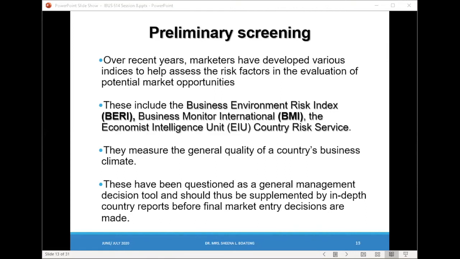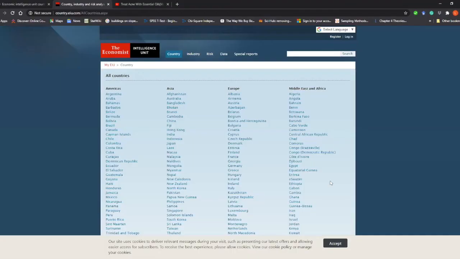Okay, so I'm projecting to the screen now. Let me know when you can see the screen. Please, can you see it? Yes, please. Okay. Good. So you can see that they have listed, it's the EIU website.